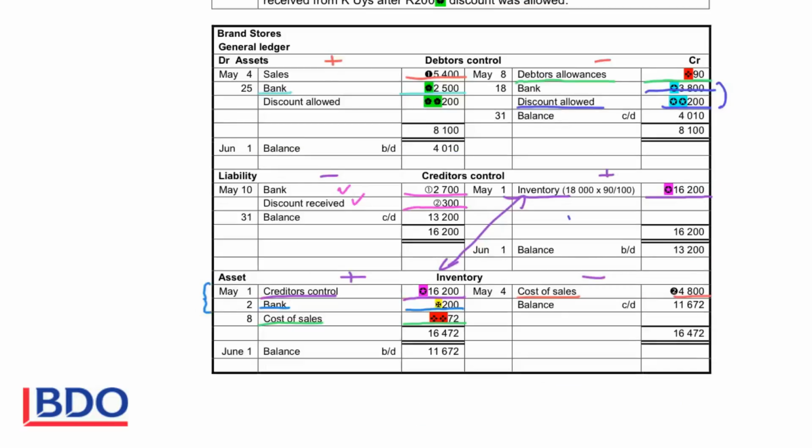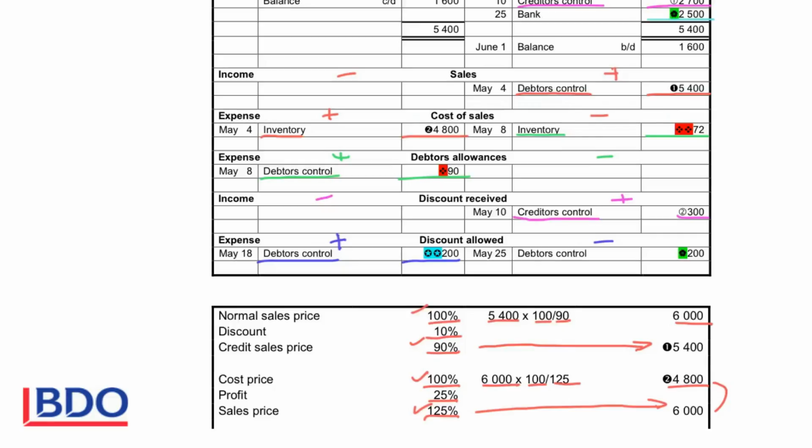The debtors will also owe us this 200 Rand that we originally gave as discount, because if the cheque is not paid out, we will not give the debtor the discount anymore. So he owes us this 200 Rand discount, and we will have to credit the discount allowed account to indicate that the discount allowed expense was decreased with 200 because we don't allow the discount anymore, and the debtors control account will be debited.